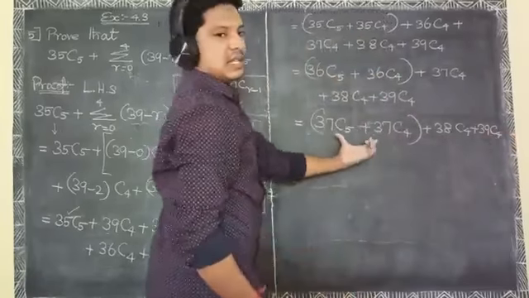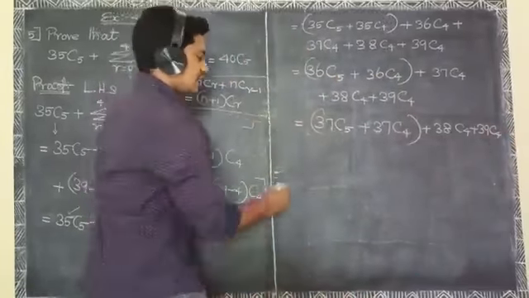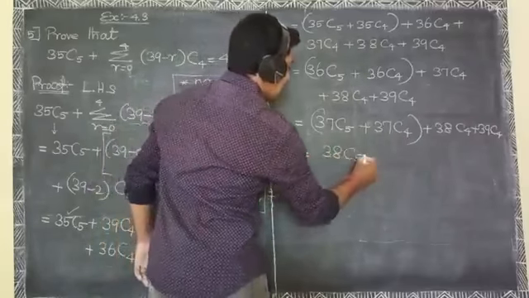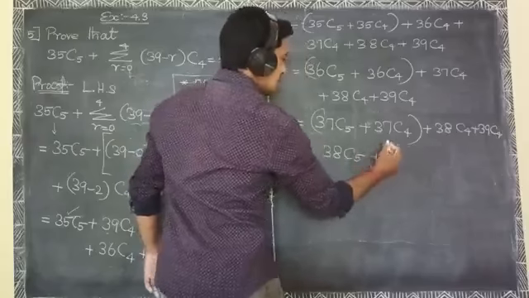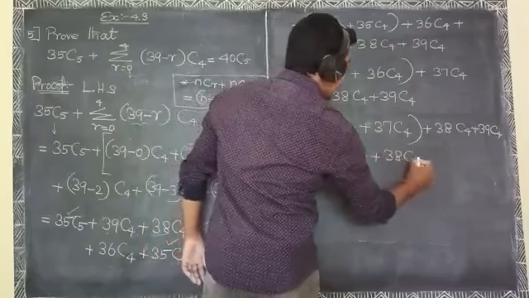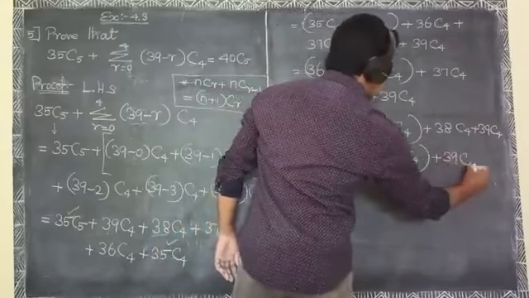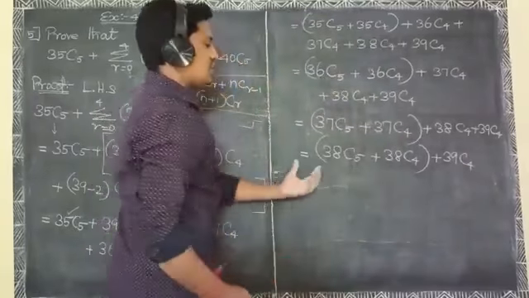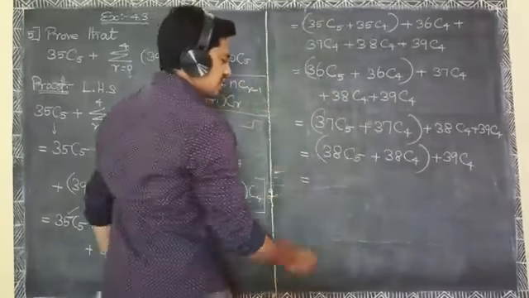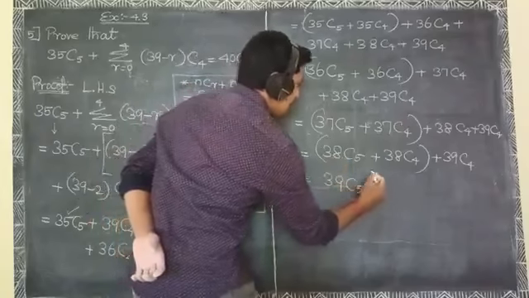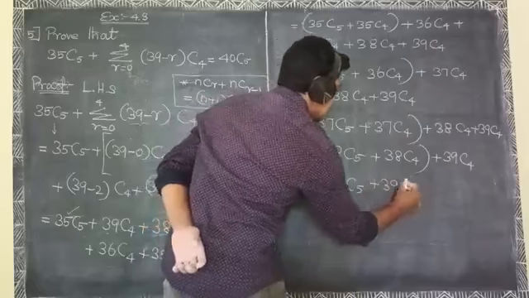Using this property again, we get 38C5 plus 38C4 plus 39C4. Similarly, using these properties, the result is 39C5 plus 39C4.